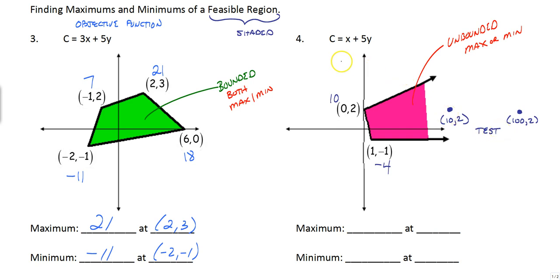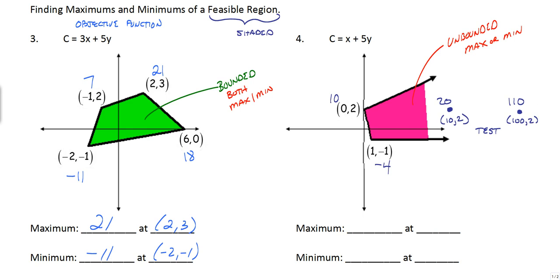So substitute (10, 2) into here. We're going to have 10 plus 5 times 2, which gives us 20. But that's kind of close to these, so let's go even farther. (100, 2): 100 plus 5 times 2 gives us 110. So as you can see, the farther and farther away we get, the bigger it's going to be.